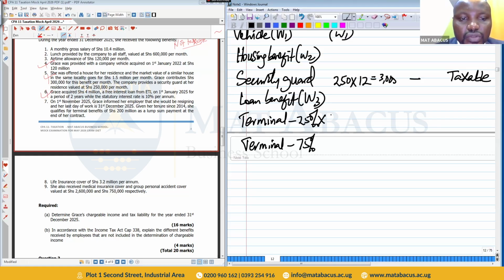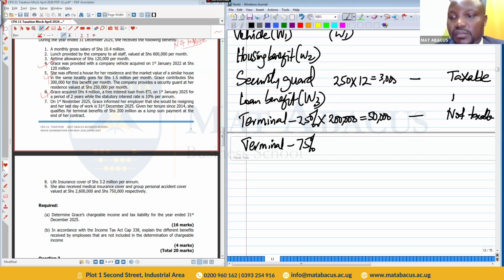So we shall get 25% times 200 million, and this will not be taxed. It will be 25% times 200 million, which will be 50 million. So this one will not be taxable.